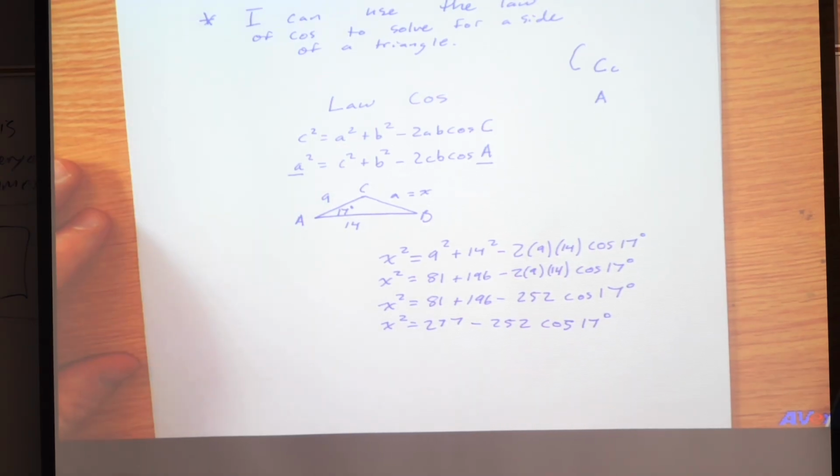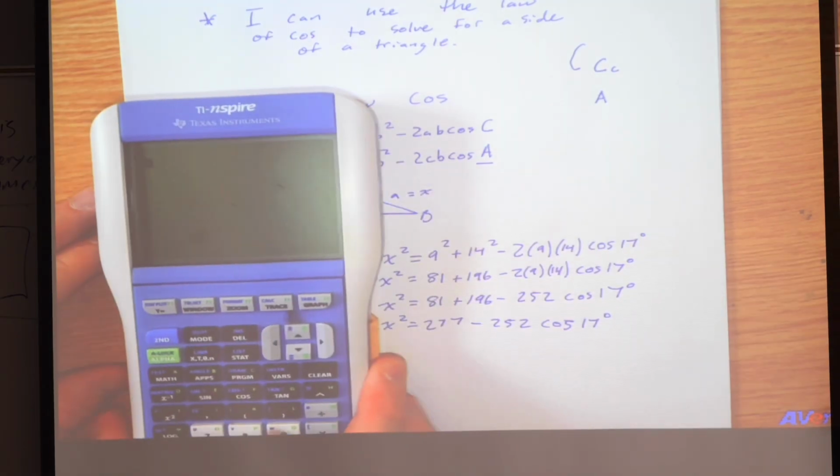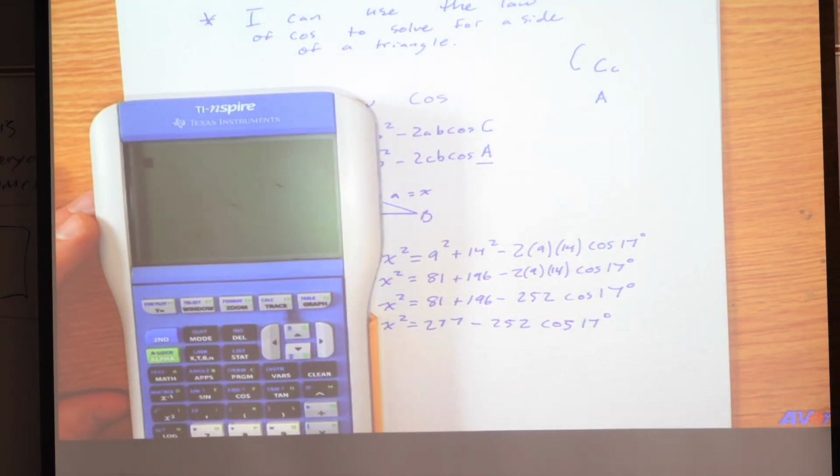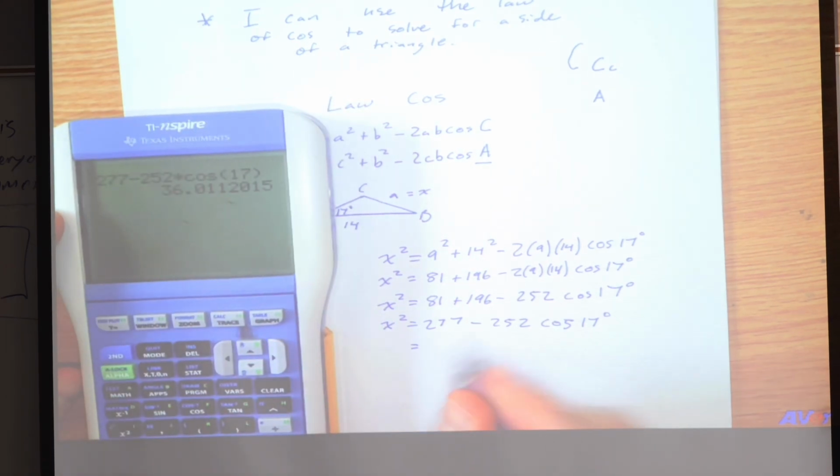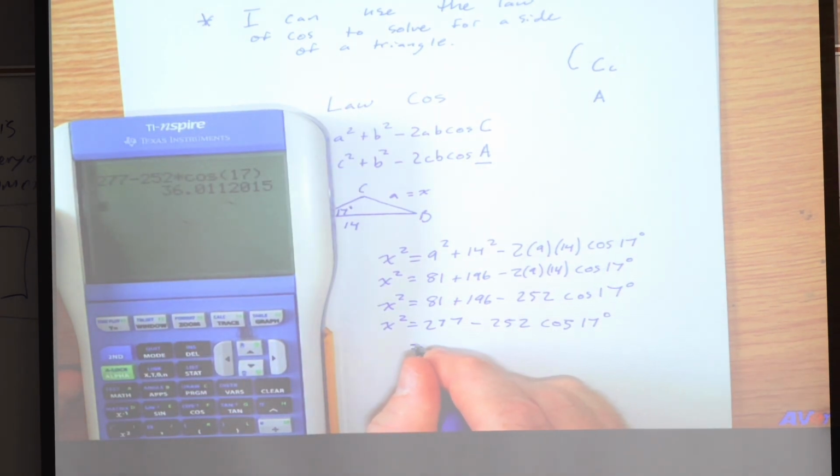All right, at this point in time, this is where I'm going to grab the calculator and start plugging it in. So I'm going to do my 277 minus 252 times the cosine of 17. I'm going to get that part of the answer. Okay, now that's going to be approximately 36, something like that.